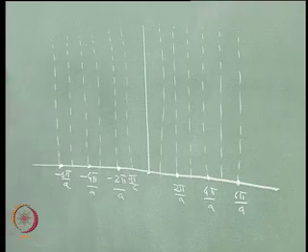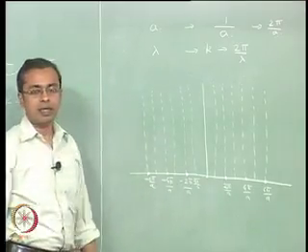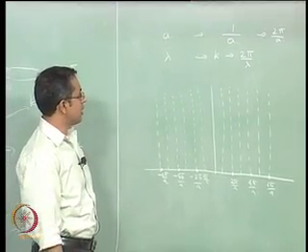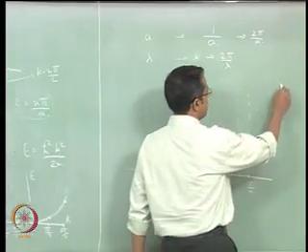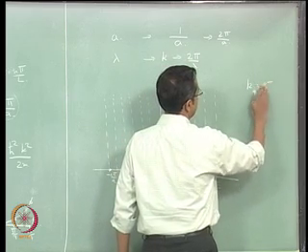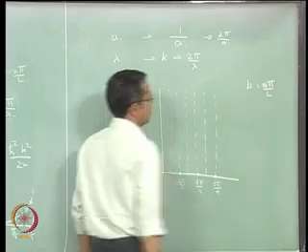Now on this plot we can make a plot of the allowed values of wave vector that the electron is allowed to have, right. The wave vectors allowed for the electron are n pi by L, right.